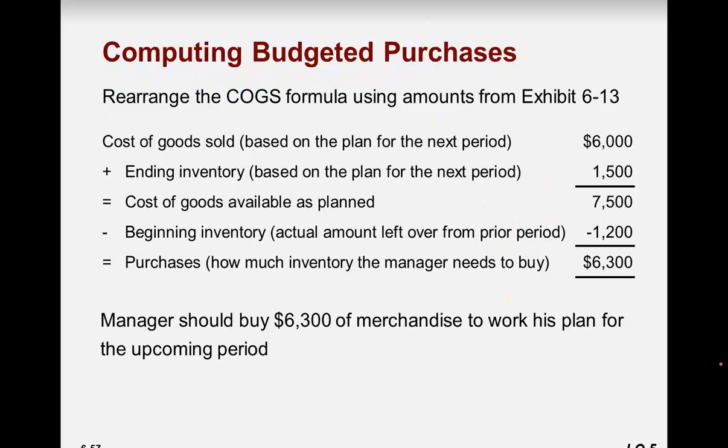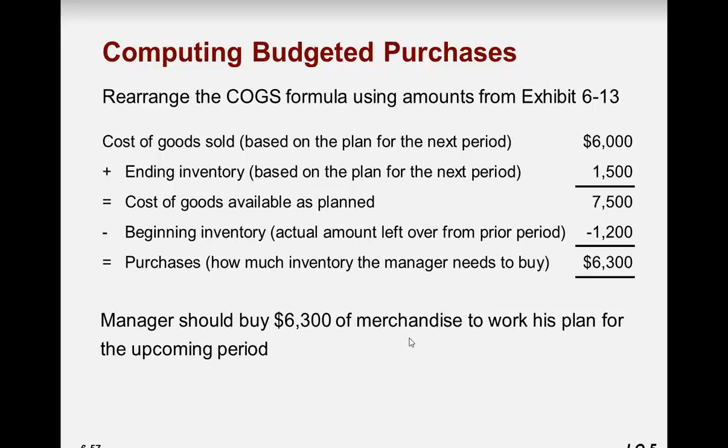So if I want to use this to compute how much I should budget for my purchases, I can just rearrange my formula. It's shown in your book in Exhibit 6-13, but it shows you how you would do cost of goods sold based on how much I plan to sell in the next period, plus any inventory I want to keep on hand.